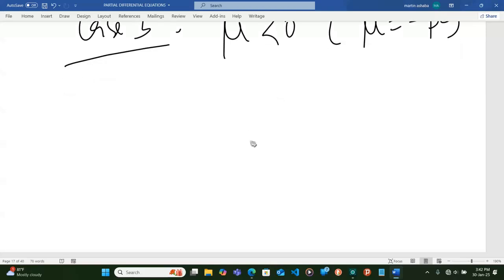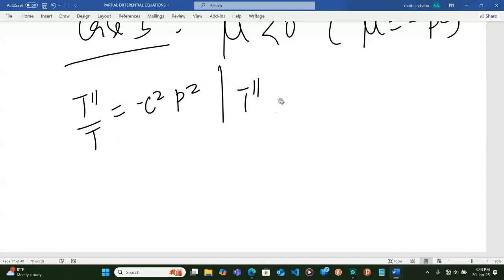Now it is going to give us t double prime. Remember, t double prime over t was equal to c squared, and now p squared. So this is t double prime plus c squared p squared t, and this is equal to 0.